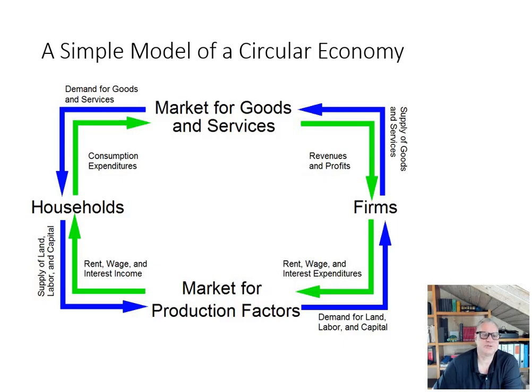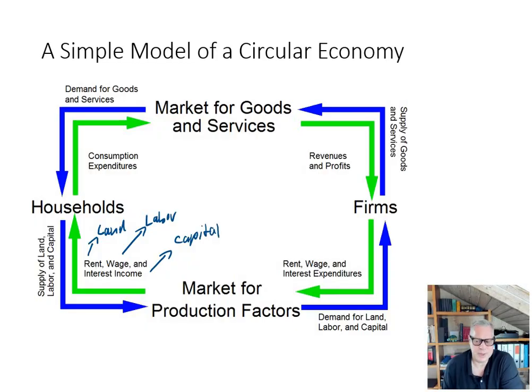So land receives rent, and labor receives a wage. So let's write that down. So rent, that goes to the production factor of land. Wage is what goes to labor, and interest income, that is what goes to capital.